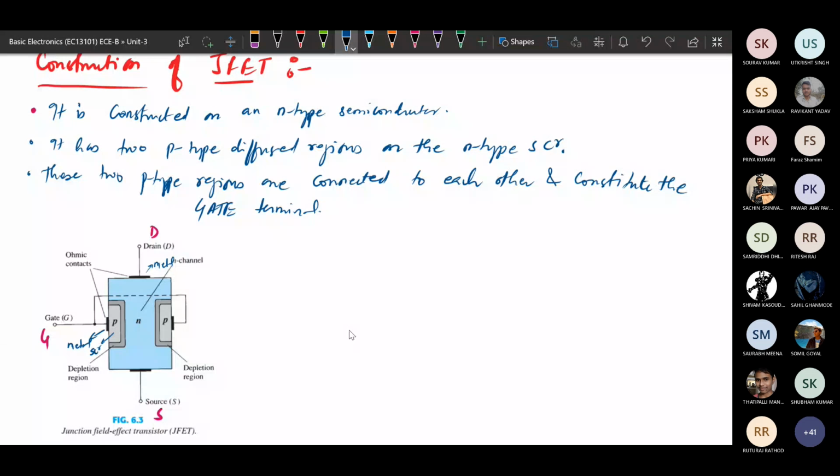That's why it is called n-channel, because the region between these two gates is called the channel region. So the channel region is of n-type. That's why it is called n-channel JFET.